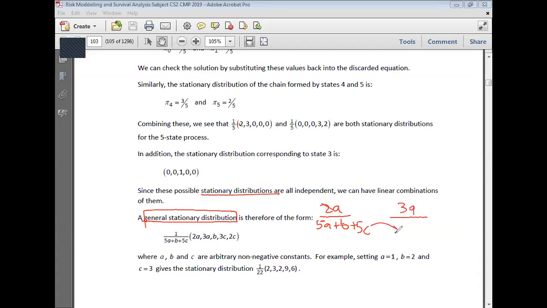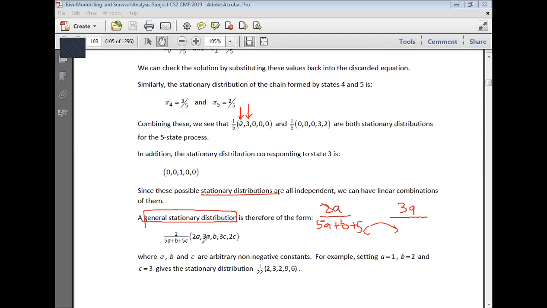So what matters is the ratio, right? How much time do you expect to spend in a particular state? Here you expect to spend 40% of your time in state 0, and here you expect to spend the rest of the time, which is 60%, in your state 1. And that is the same you're going to observe here as well.